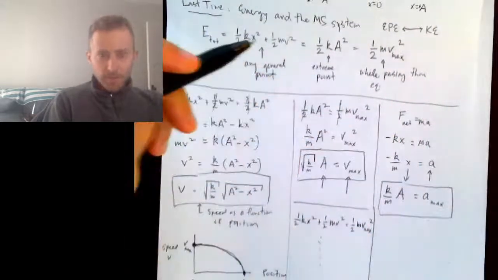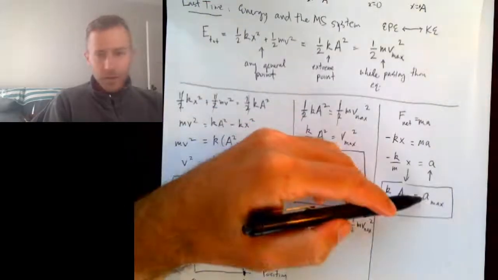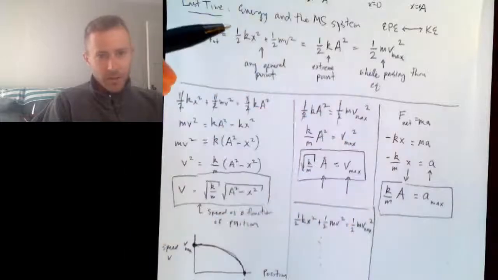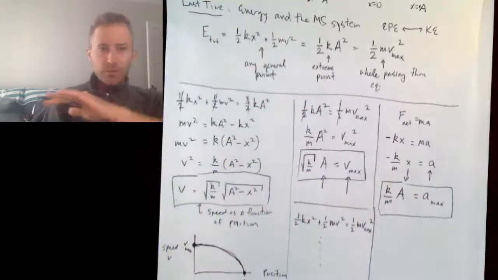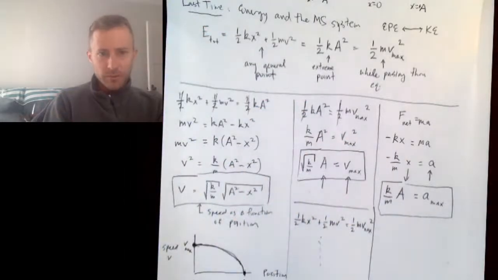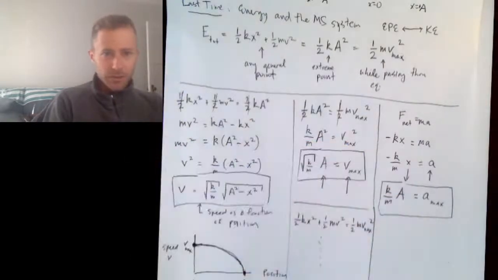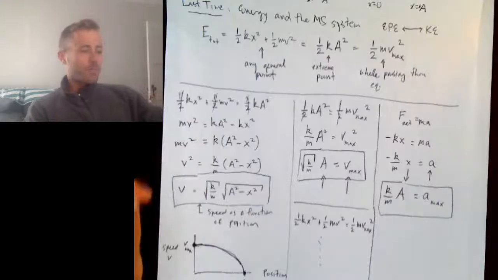Please be aware that lowercase a represents acceleration, uppercase A represents amplitude. Those are two completely different things. Amplitude is measured in meters, acceleration is measured in meters per second squared.